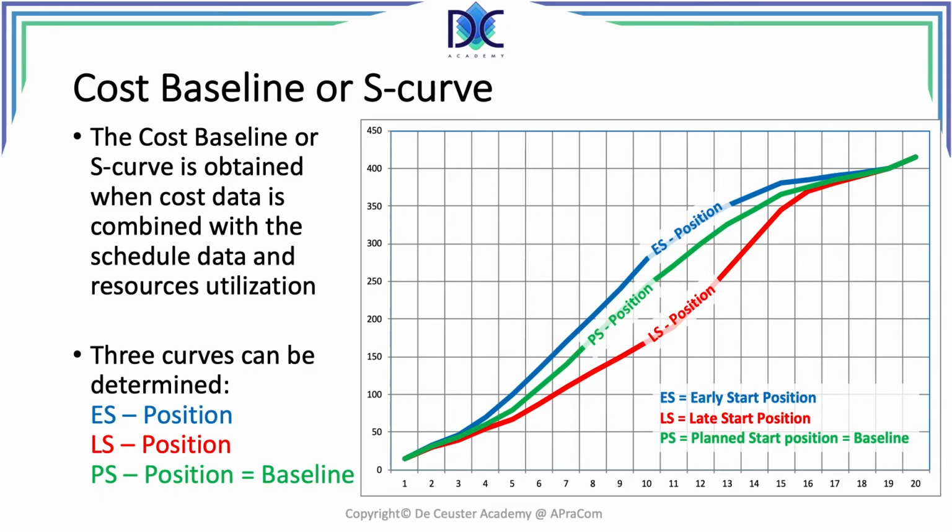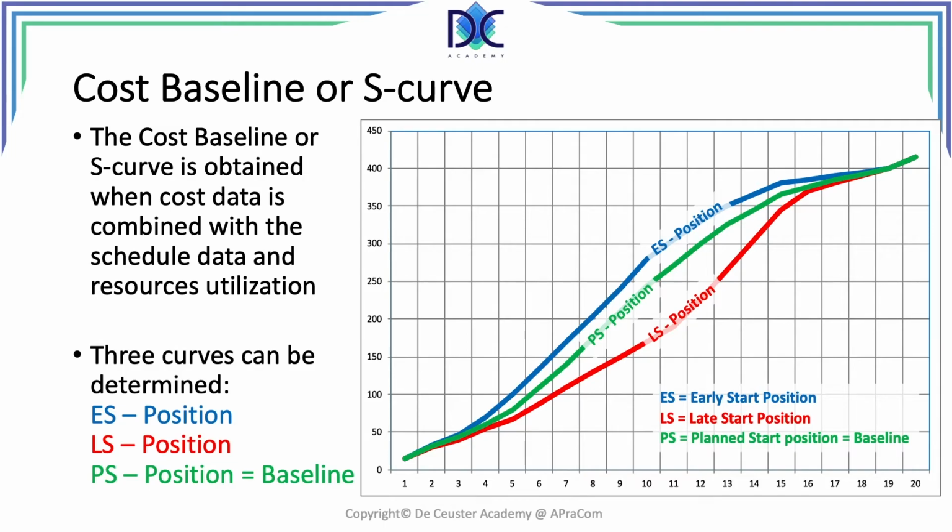Like I said in the previous slide, we determine for every activity their actual or planned start and finish time. With this information, we can draw the third curve, the green curve, which gives us the planned start position. And this is the baseline of the project.